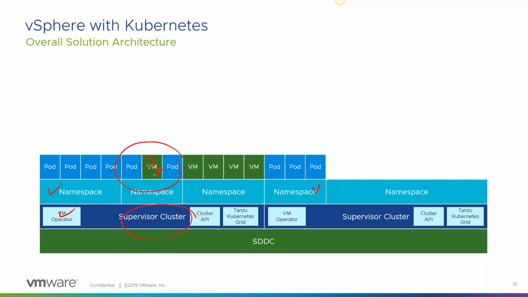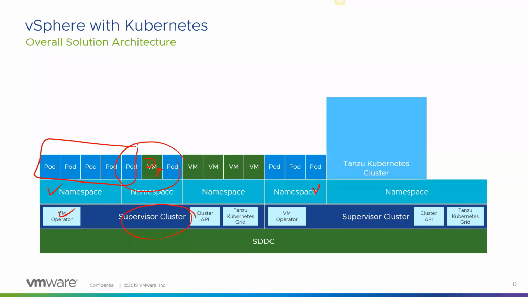And then we also have some additional CRDs for the Tanzu Kubernetes Grid, right? And the cluster APIs. What this allows us to do is to now have the DevOps team say, you know what? Though we have these pods which are running natively on vSphere, I don't want that. What I want is, or in addition to that, I want to create my own standard Kubernetes cluster, right?